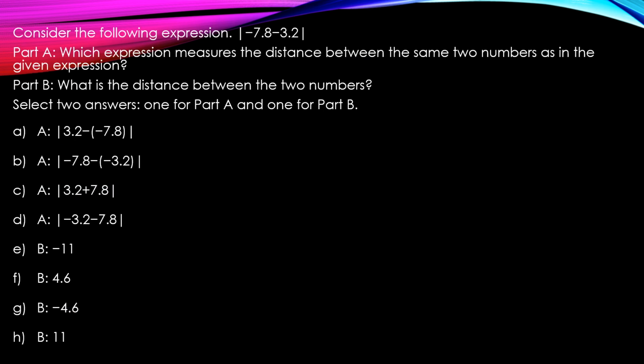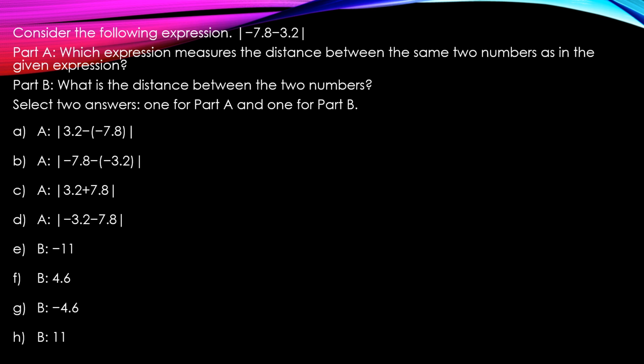Alrighty, we have the following expression, negative 7.8 minus 3.2, and we want to know which expression measures the distance between the same two numbers as the given expression. And B is asking, what is the distance between these two numbers?